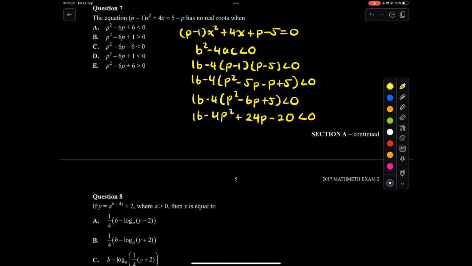And we can say that will be negative 4p squared plus 24p, 16 minus 20, which is negative 4, must be less than 0. Dividing all sides by negative 4, we'll get p squared minus 6p plus 1 must be greater than 0. The sign changes because we divided by a negative. So which one looks like this? Looks like B is your answer.